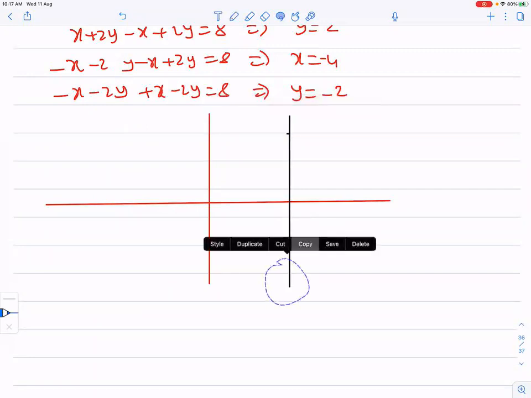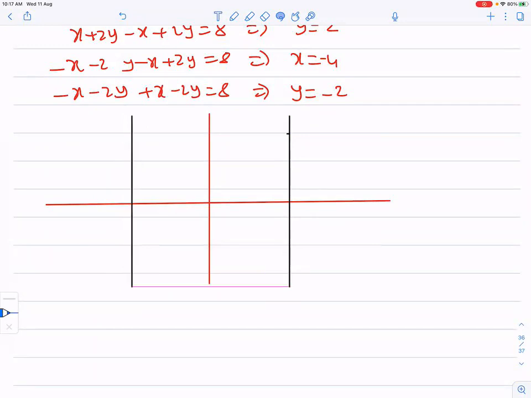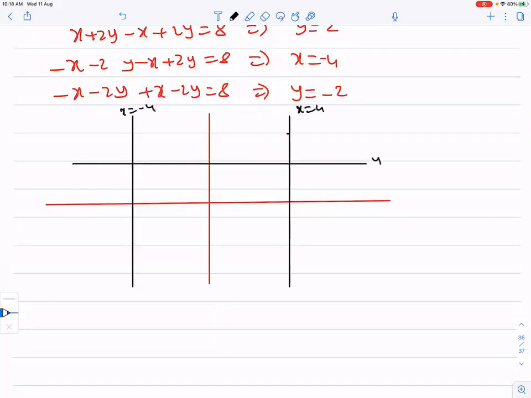This one line, x equal to 4 and minus 4, y equal to 2, y equal to minus 2.